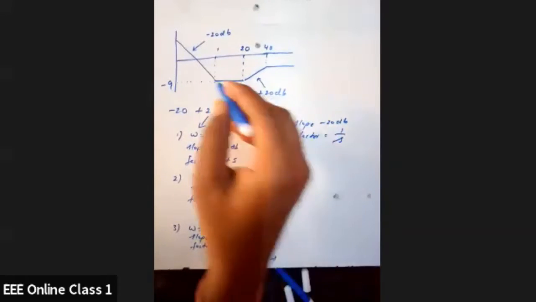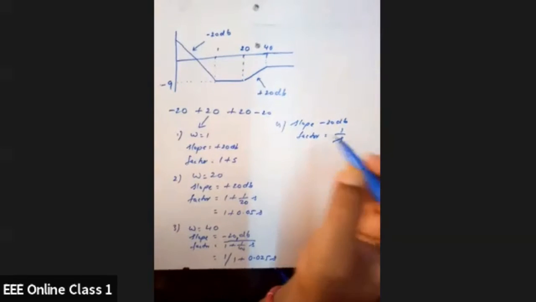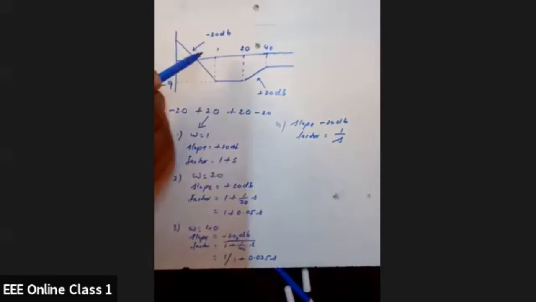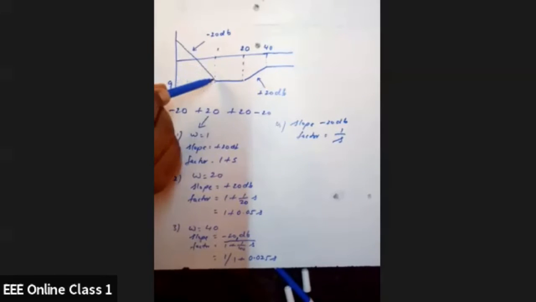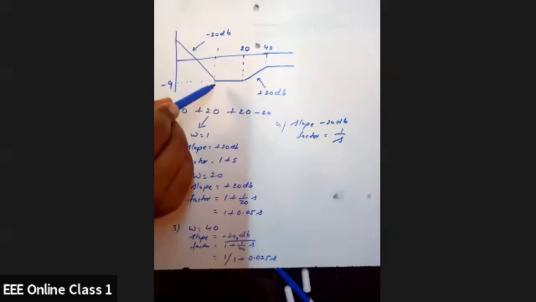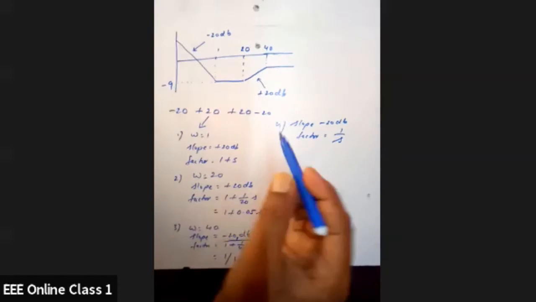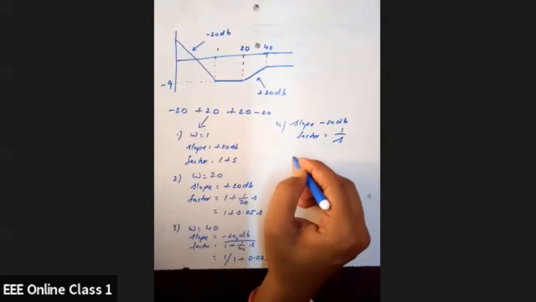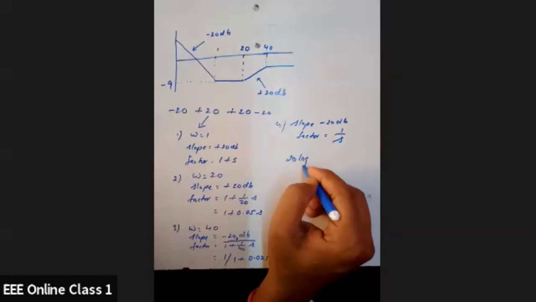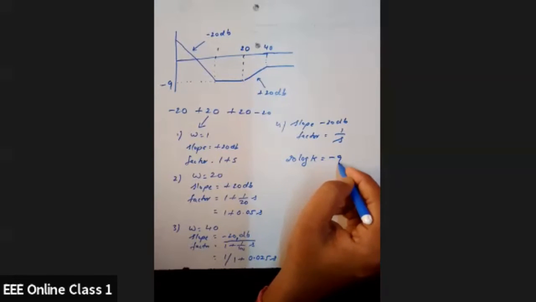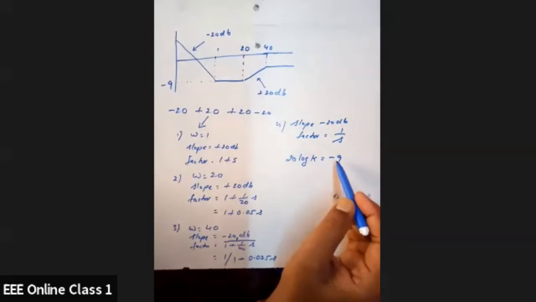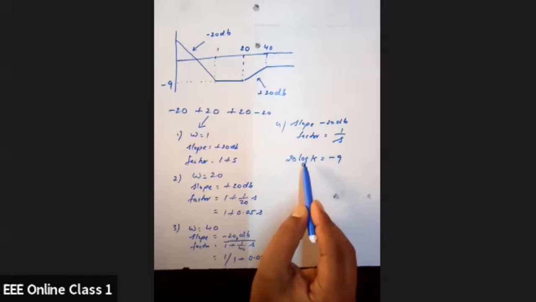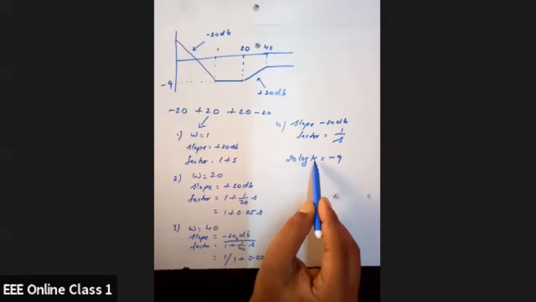So how to find k? Now you see here the Bode plot has gone down by minus 9. So we can write 20 log of k equal to minus 9. How much has it gone down? Minus 9. So 20 log of k is equal to minus 9.